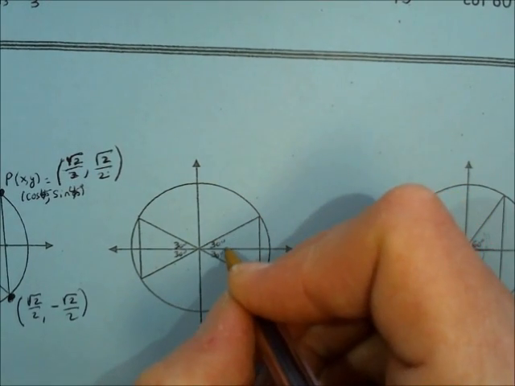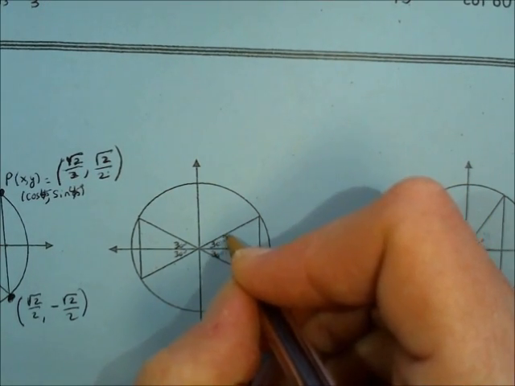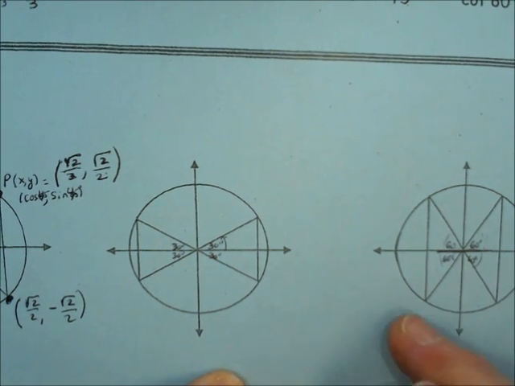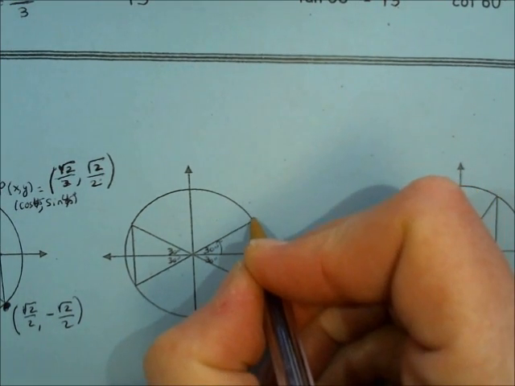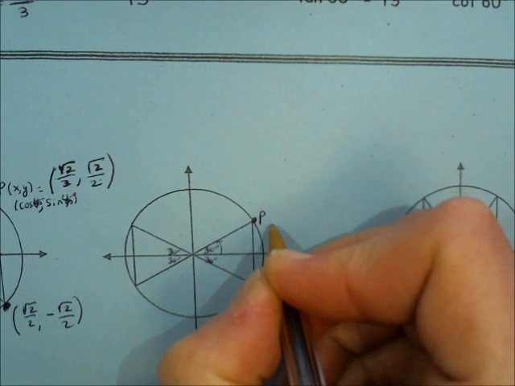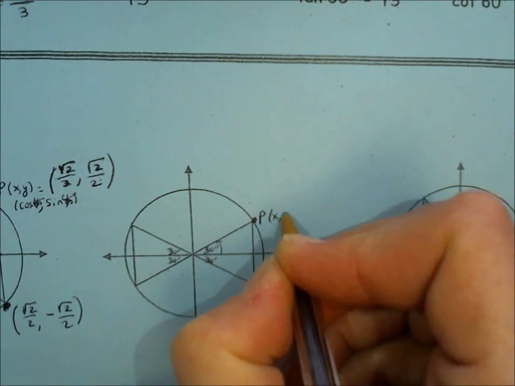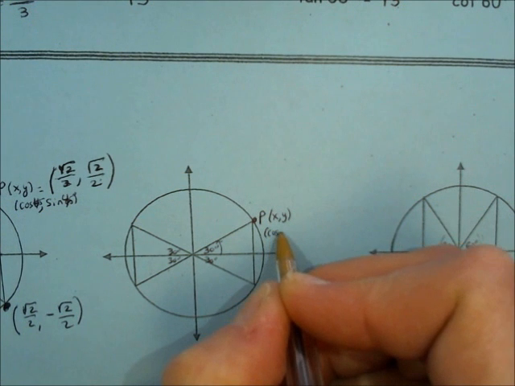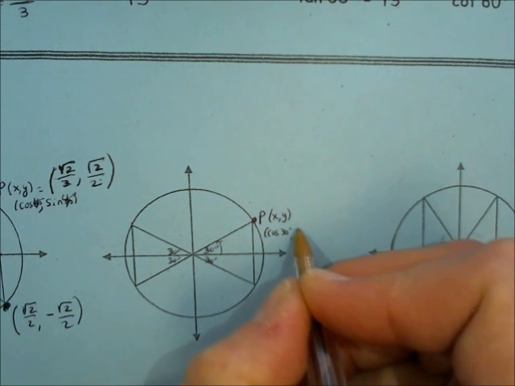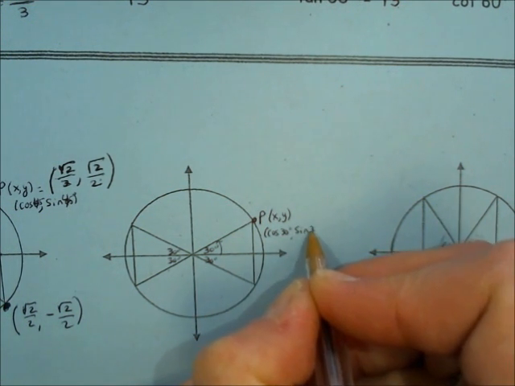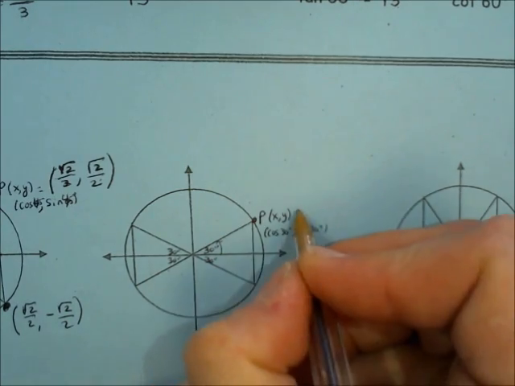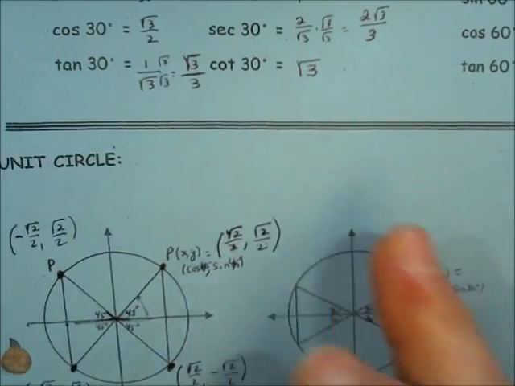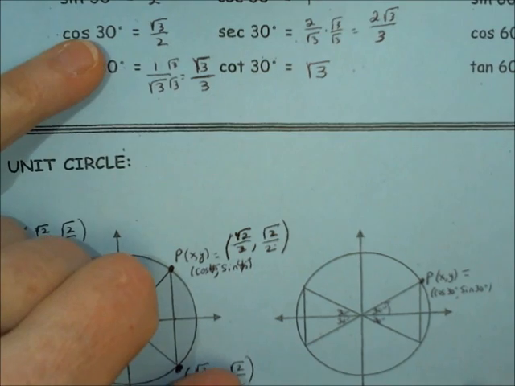Over here in the second set of triangles, this angle is 30 degrees. So because this angle is 30 degrees, this point, which has coordinates of x, y, the x value is actually the cosine of 30, comma, sine of 30. And we've already figured out what the cosine and sine of 30 are up here.